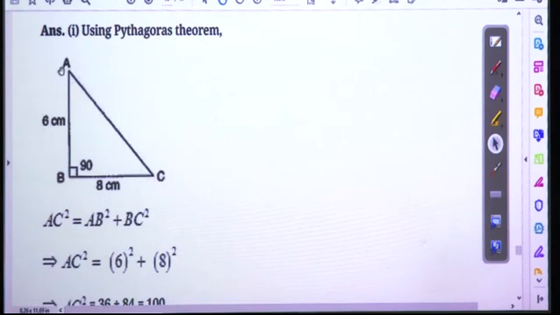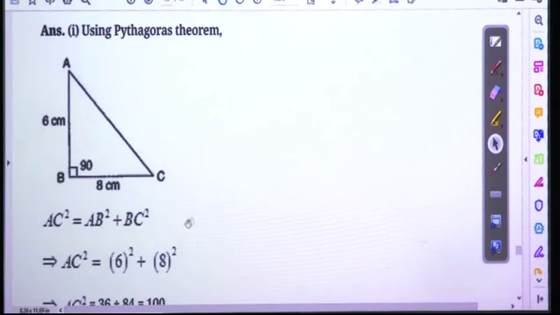Now, you can consider AB as side 1 and BC as side 2, or BC as side 1 and AB as side 2. If the things are interchanged, nothing will go wrong. So, AC square is equal to AB square plus BC square. AC square is equal to, what is the AB value? 6. It is 6 square plus what is the BC value?